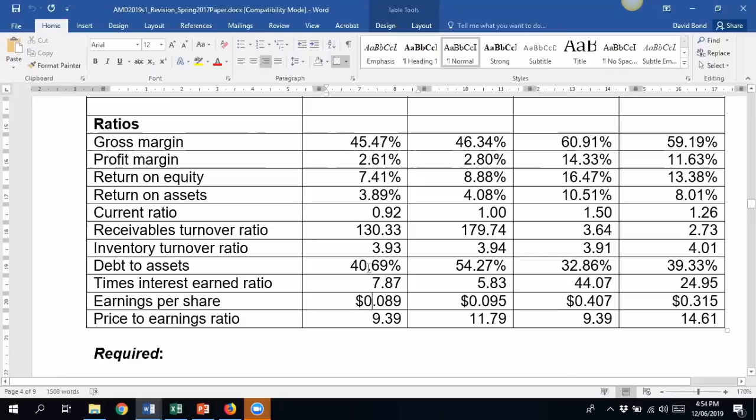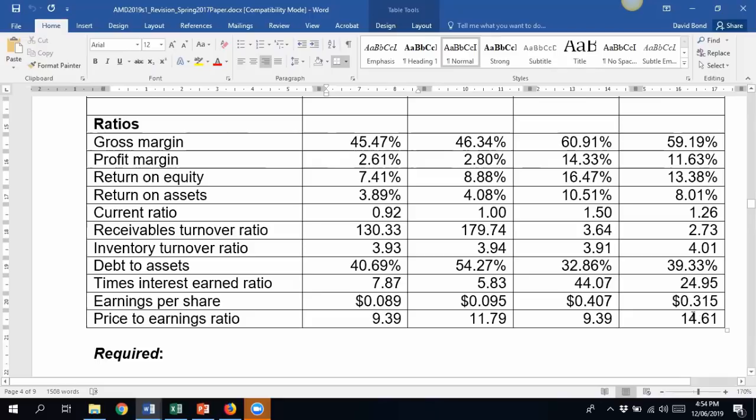EPS itself doesn't tell you anything. EPS is primarily used for the price to earnings ratio. The Australian averages roll between 12 and 16, so both have dropped, from 11 down to 9, and from 14 down to 9. So it seems this one was much less loved initially, and it's certainly becoming much less loved now.